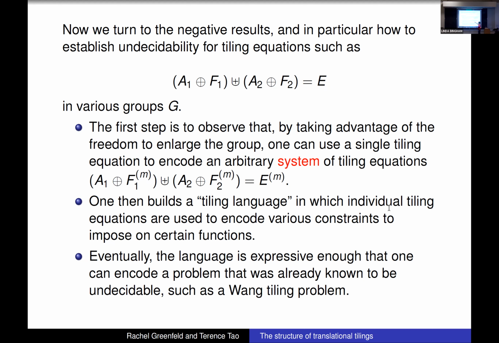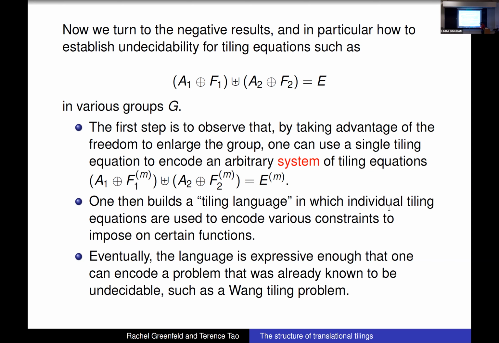So if there is a bunch of pairs F1m, F2m of tiles, and a bunch of sets to tile, Em, and you want to find sets A1 and A2 that simultaneously solve all these tiling equations, so that A1 and A2, when you tile by F1m and F2m, give you Em. Any finite set of such equations can be converted, there's a way to convert that to a single tiling equation in a slightly bigger group. Which means that if you can produce a system which is undecidable, you can also produce a single equation which is undecidable.